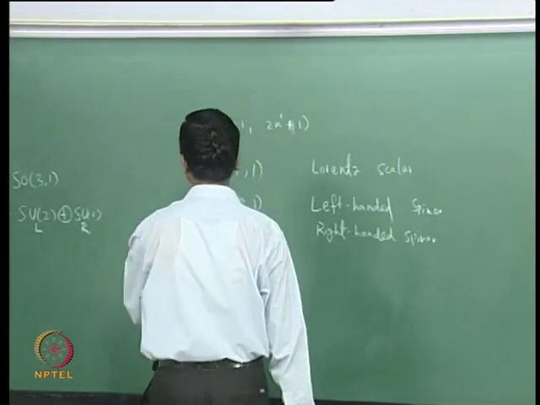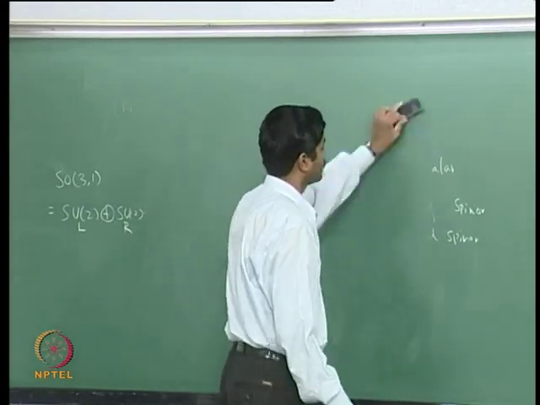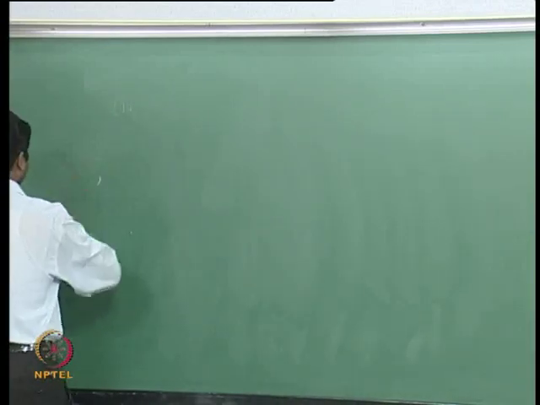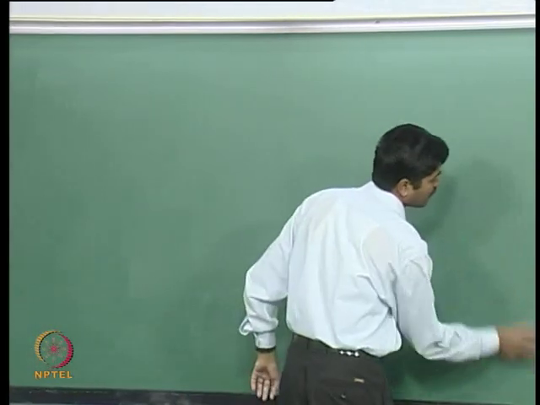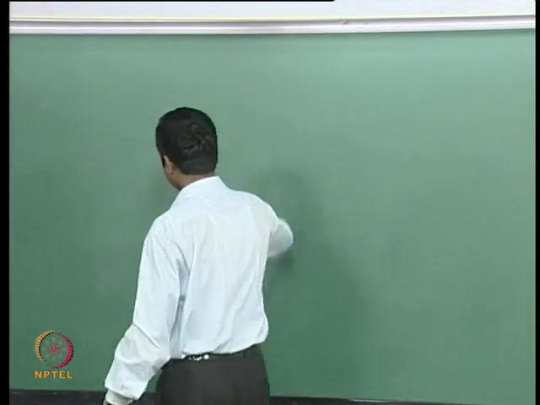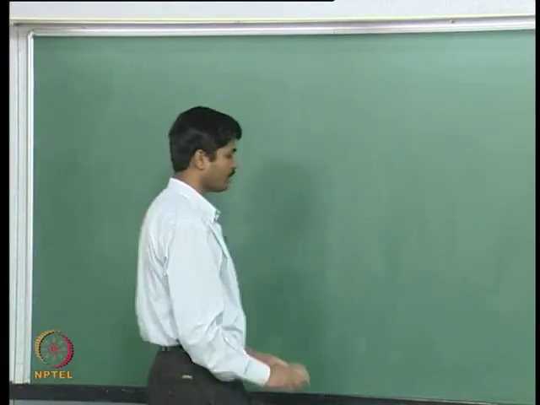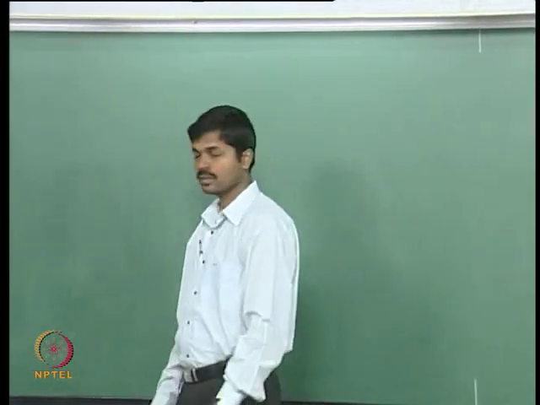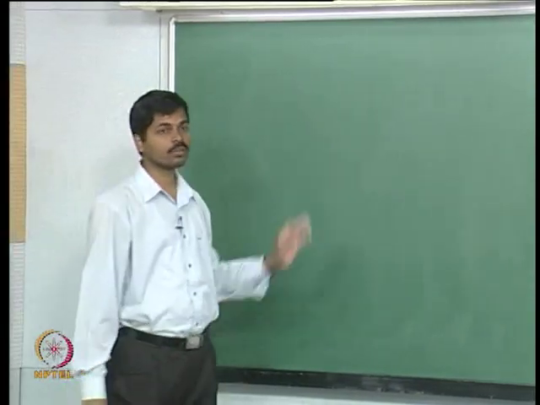There are these Weyl spinors which transform under SU(2)_L as well as SU(2)_R. Now we can ask the following question. Now that we know what the spinors are, can we construct a Lorentz invariant Lagrangian which involves these spinors?